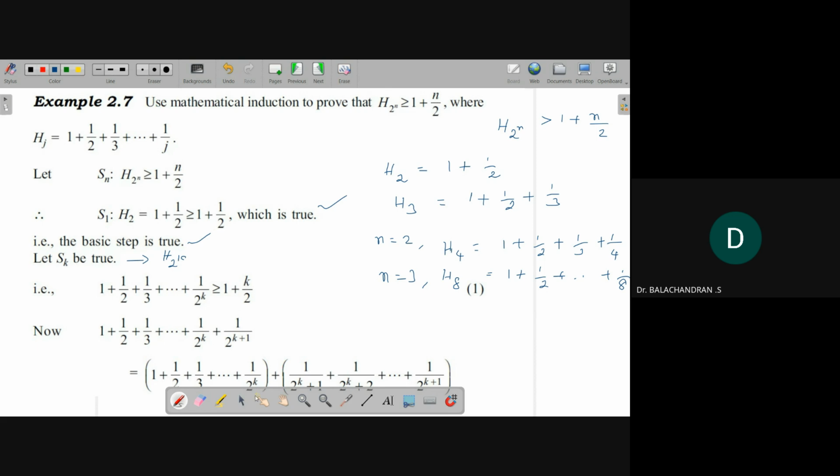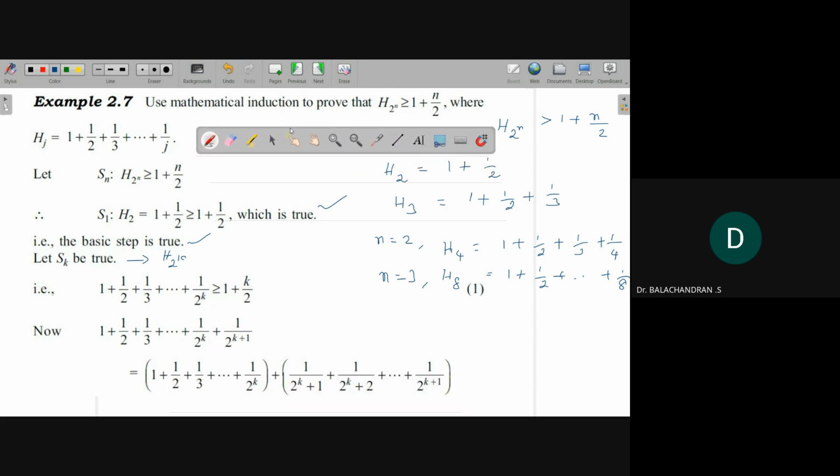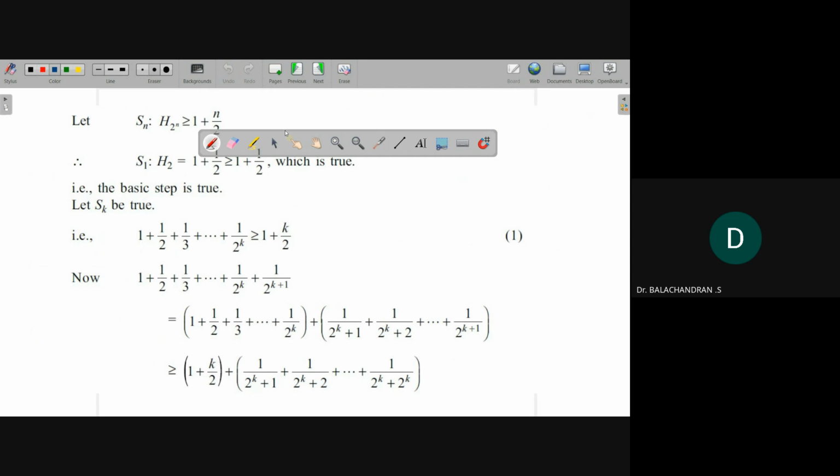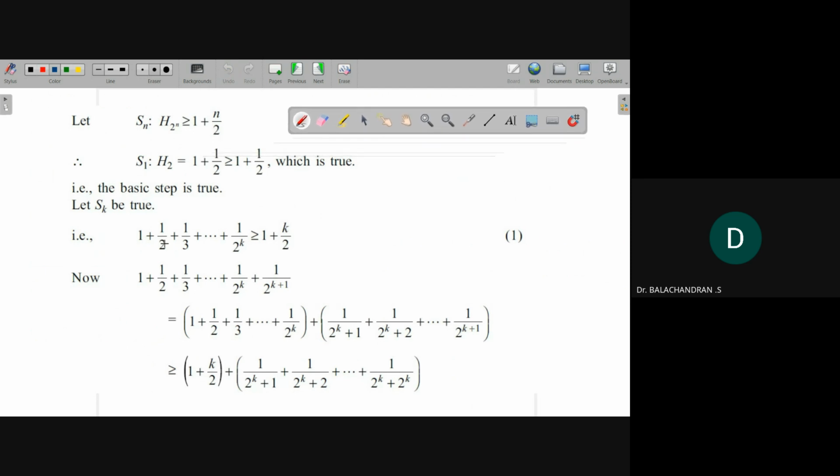So this is the assumption. Maybe I'll explain on the next slide. So H2 we proved, that is n equal to 1. N equal to 1 means H2 is equal to 1 plus 1 by 2, which I already told you in the previous slide.